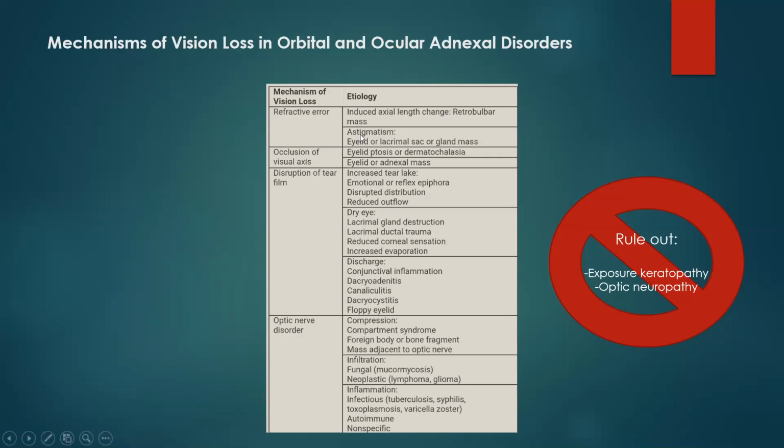It can give astigmatism, or it can occlude the visual axis in some cases with a lid mass. But mainly we have to rule out two important things: exposure keratopathy and optic neuropathy.